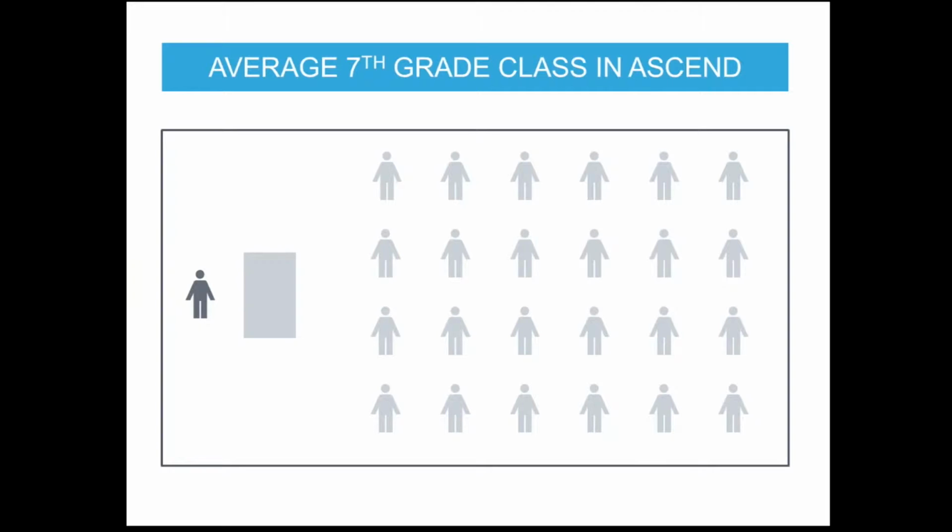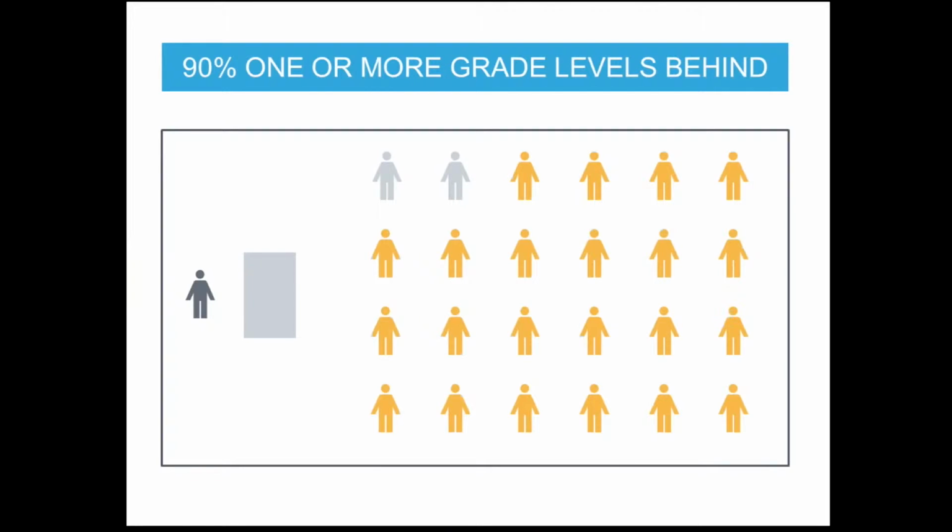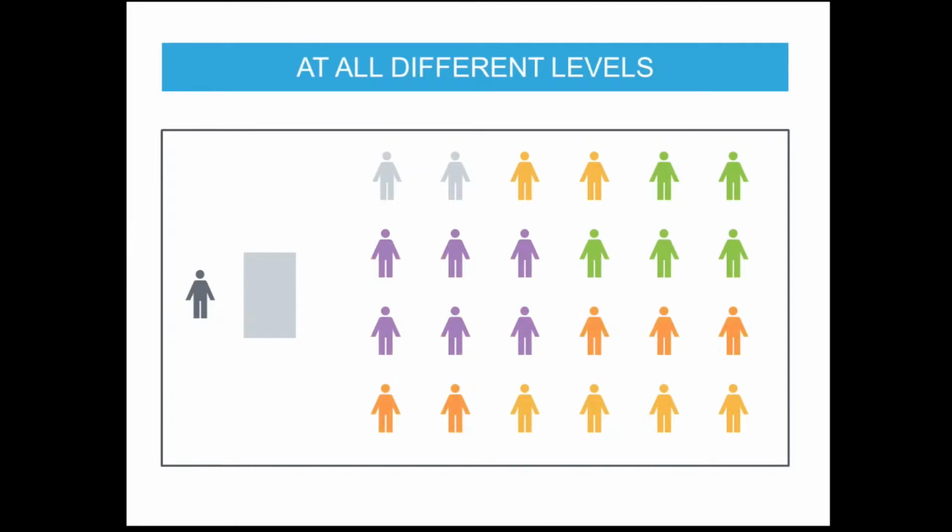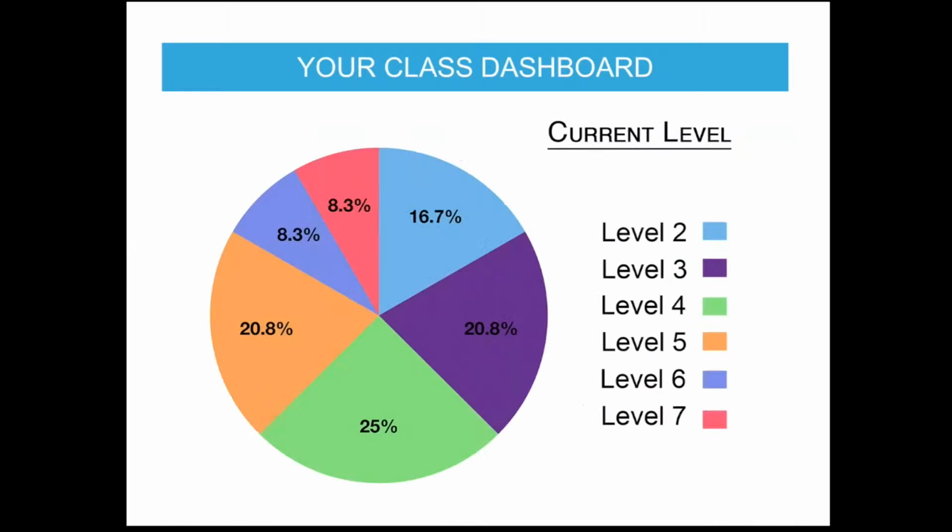The average 7th grade intervention class in Ascend would probably have about 10% of the kids at grade level or nearly at grade level. And as you can see, there can be kids all over in the average class, 2, 3, 4, and 5 grade levels behind.